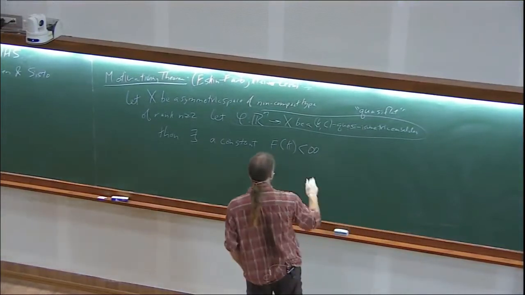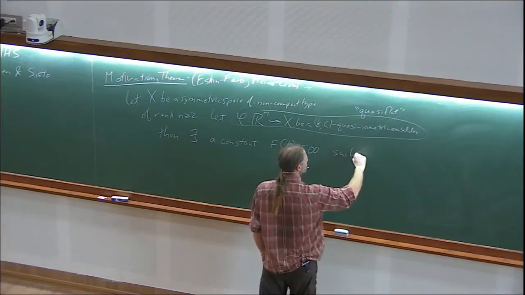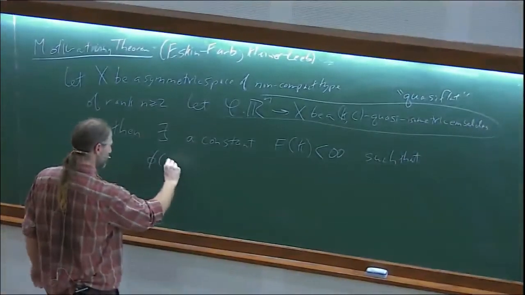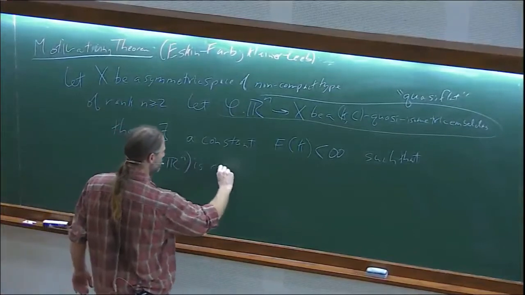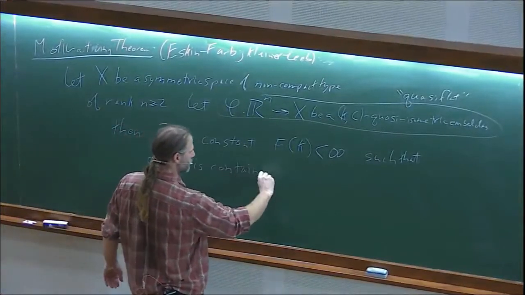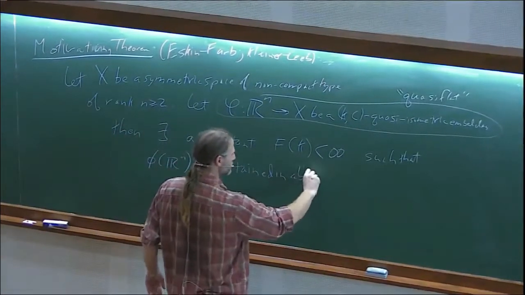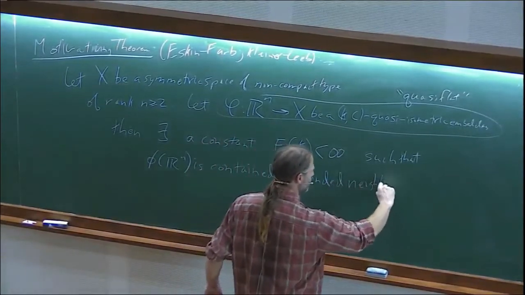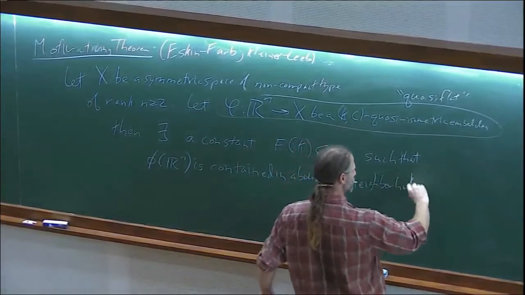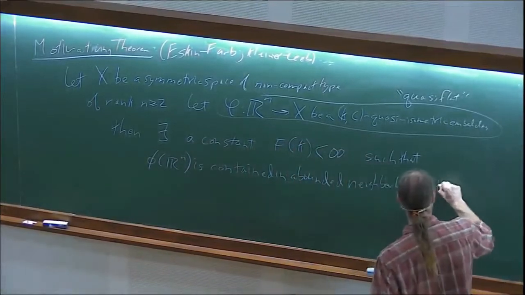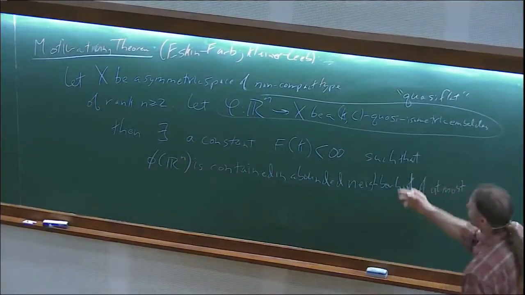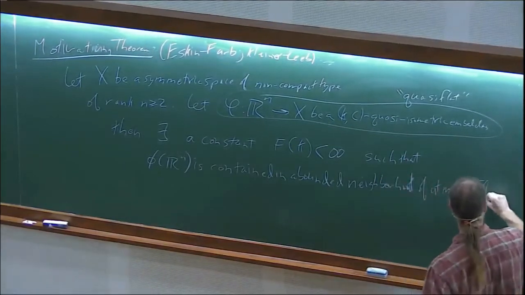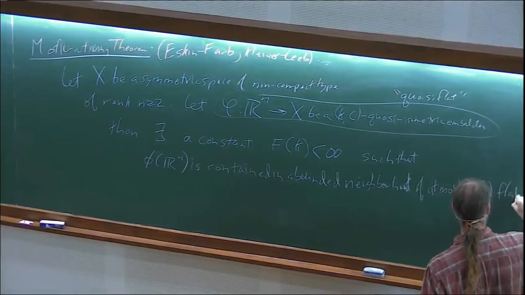Then there exists a constant f(K) such that phi(R^n) is contained in a bounded neighborhood of at most f(K) flats.